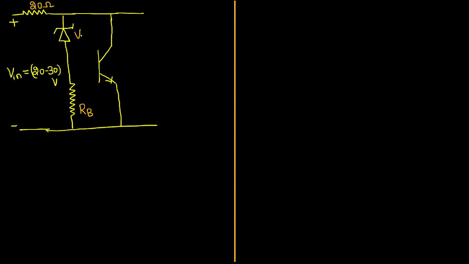They are calling this IZ. It has been connected like this, and they are calling this ICE. The output they are collecting between these two terminals, they are calling V0, and this they are calling VB.